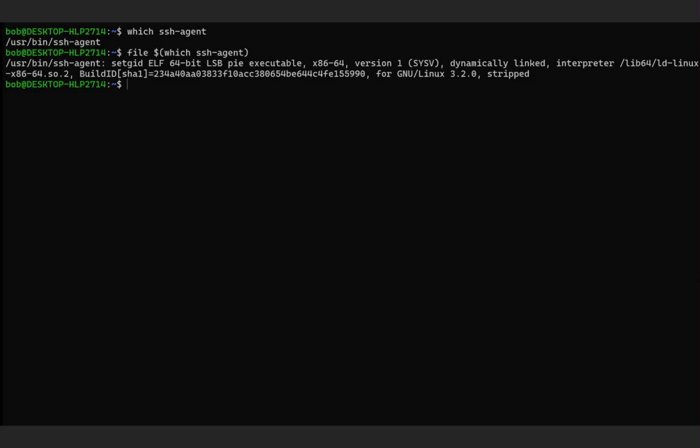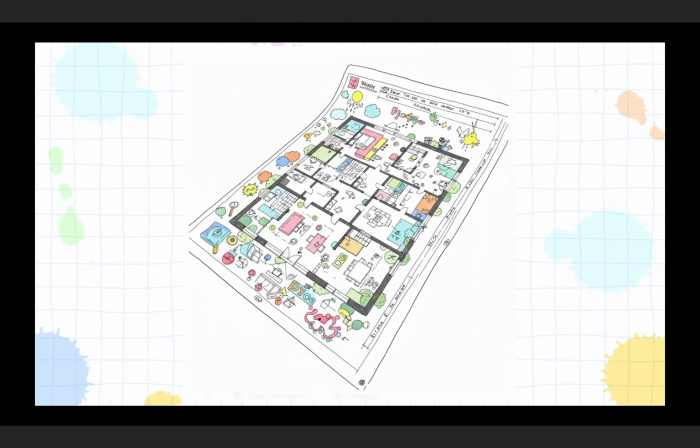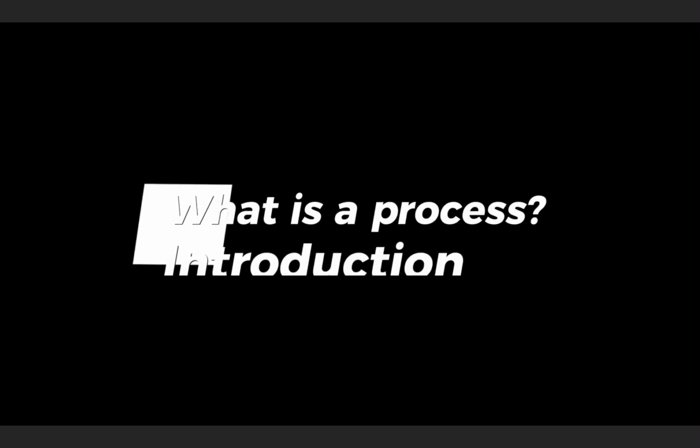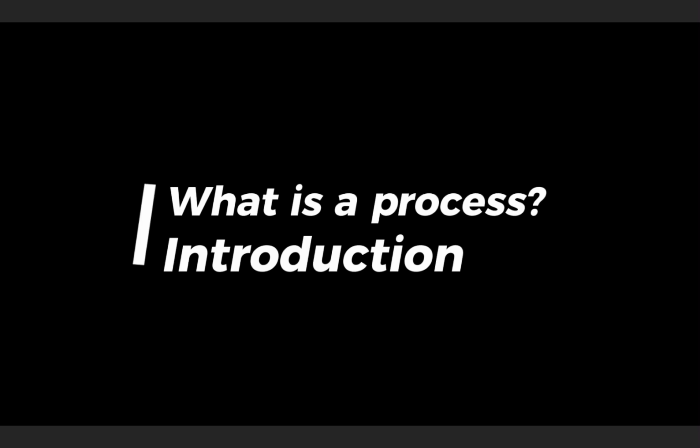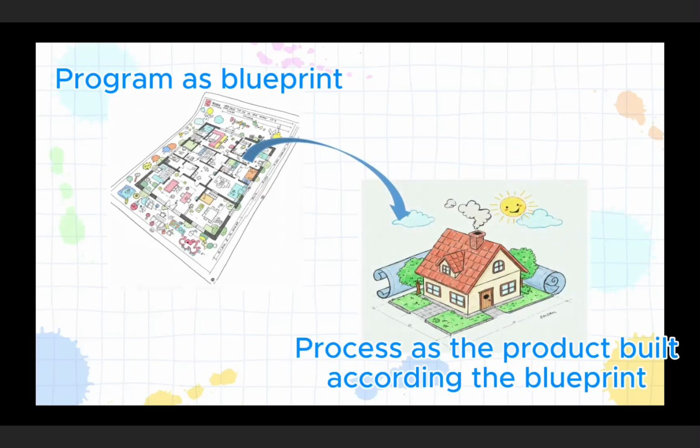During the execution of the SSH agent program, a process is created by the operating system under the current user. A program serves as a blueprint, a set of instructions that a computer executes by running it as a process. A process is a dynamic instance of that program running in the memory, managed by the operating system.